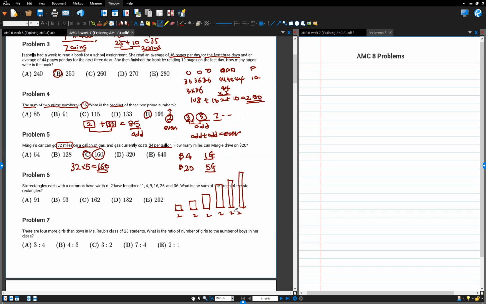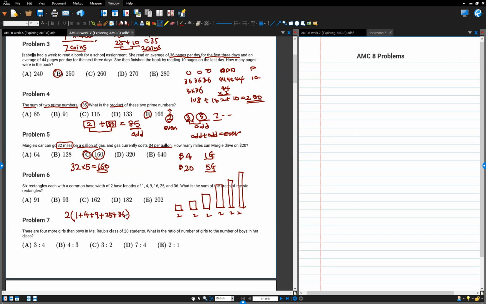D, 182. Yep. I think it is correct, right? Okay. 2 times 1. So you can use 2 times 1 plus 2 times 4 plus 2 times 9 plus 2 times 25 plus 2 times 36.